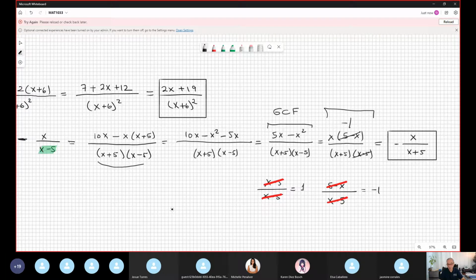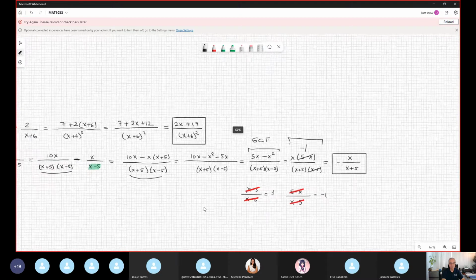But you are super familiar when you have one factor in the top and an identical factor in the bottom, you cancel out, it disappears. When these factors have opposite signs, you can cancel out also, but put an extra negative. It's the only new thing that this problem brings me. Cool?